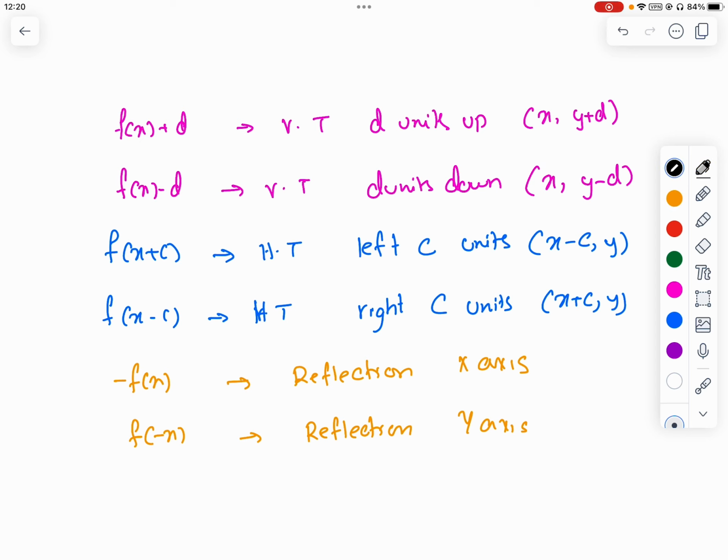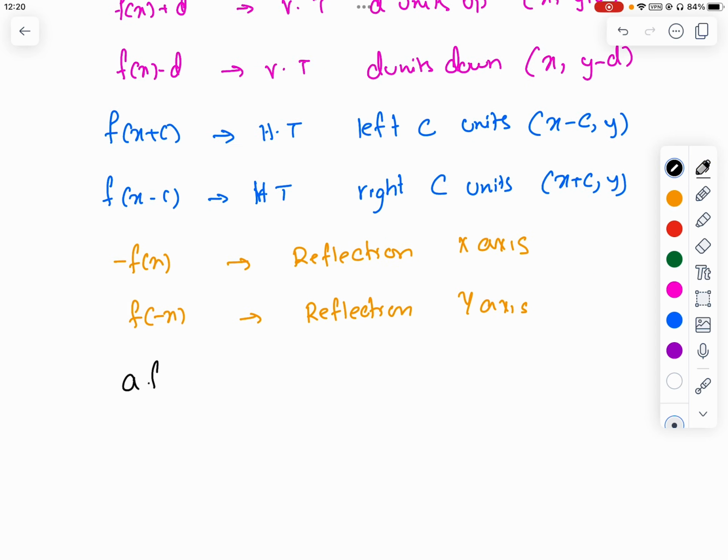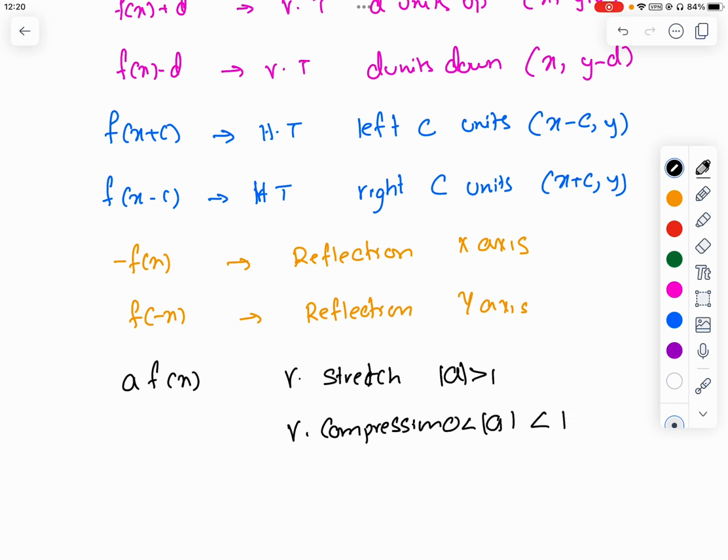Then finally, a times f of x will be a vertical stretch if the absolute value of a is greater than 1. It is called vertical compression if the absolute value of a lies between 0 and 1.